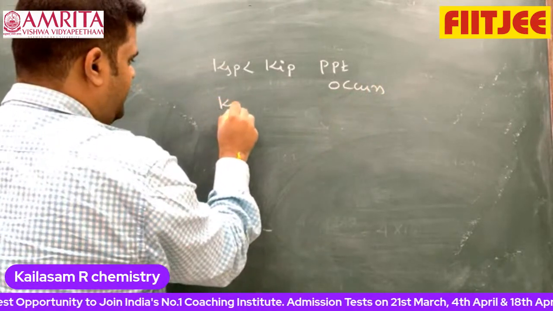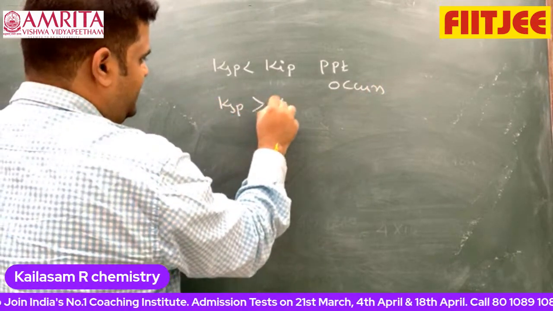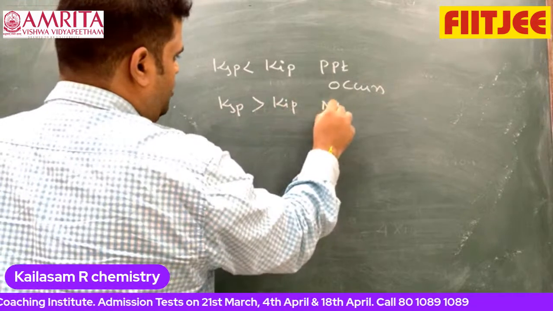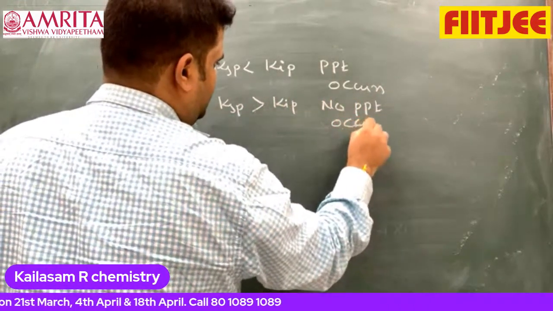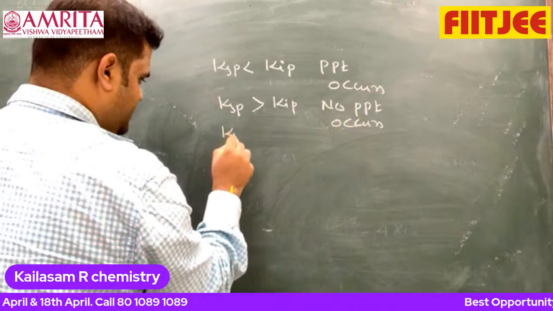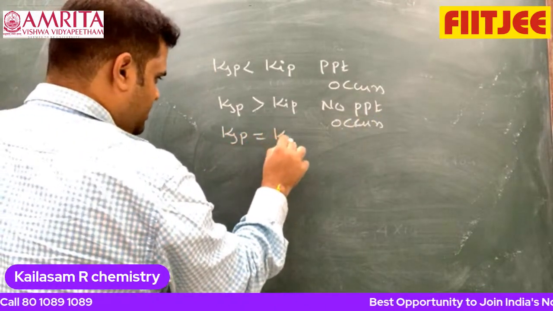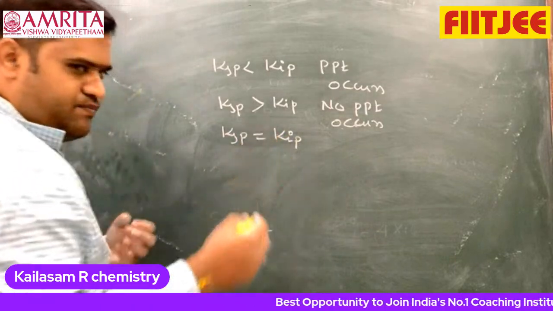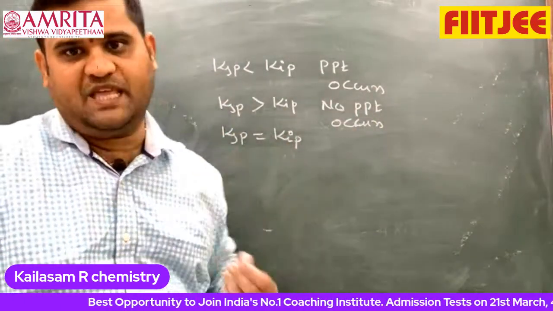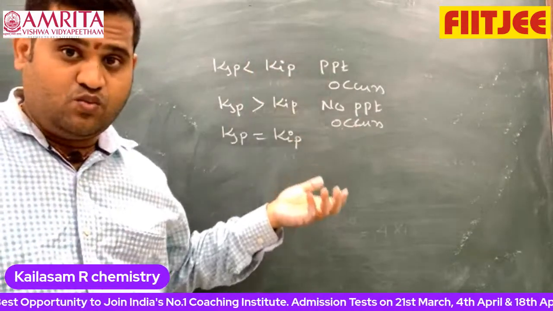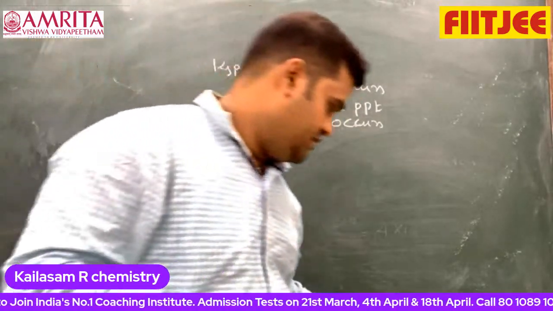When Ksp is greater than Qsp, no precipitation occurs. If Ksp is equal to Qsp, precipitation is going to begin, the precipitate is going to start. That's all. So based on this, look at what JEE Mains will ask you.